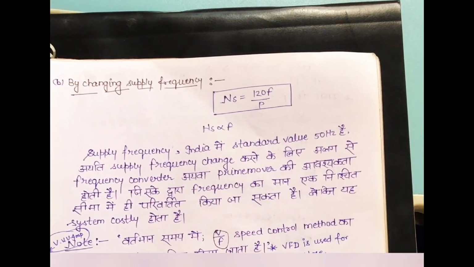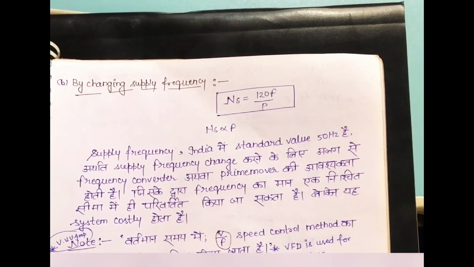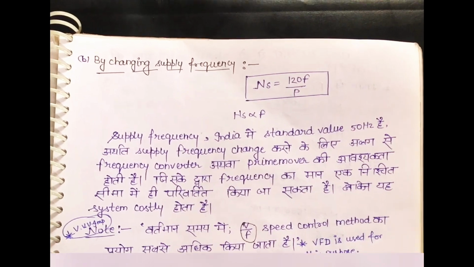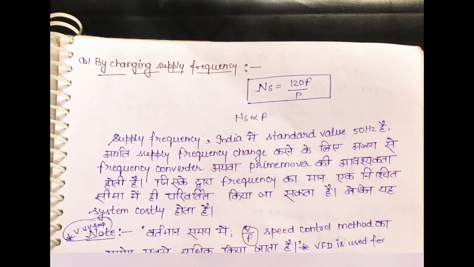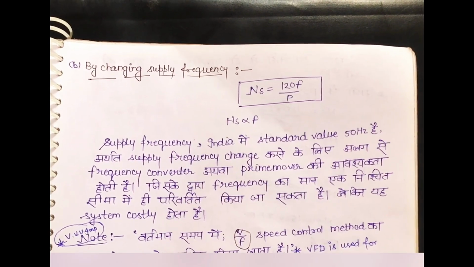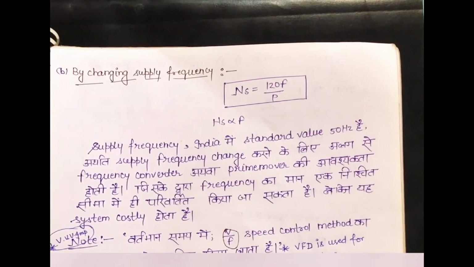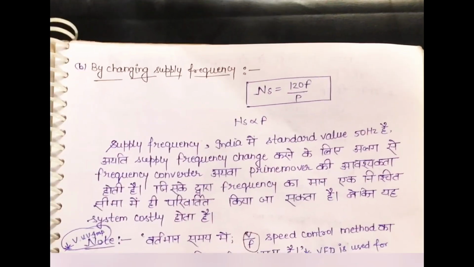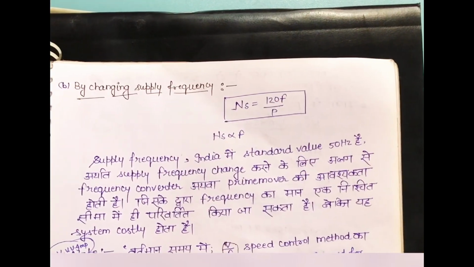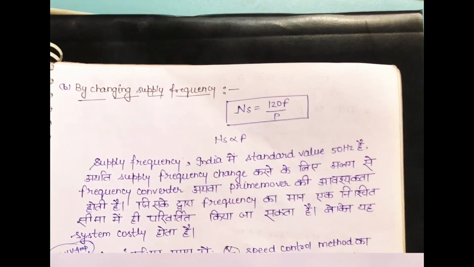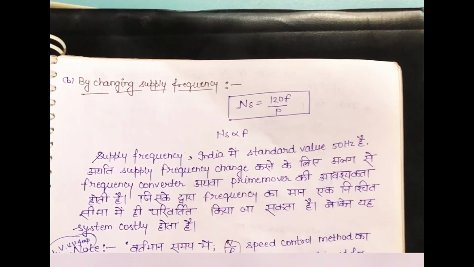If we want variable speed by changing the supply frequency, we need a frequency converter or prime mover. But the drawback of the system is that we can change the supply frequency only within a certain limit. For this purpose, a VFD is a very important device used in industrial applications.